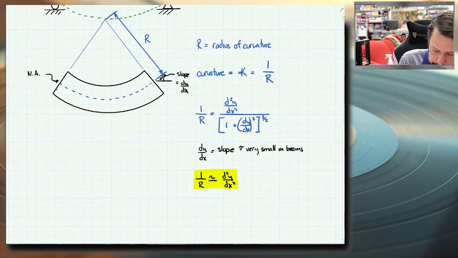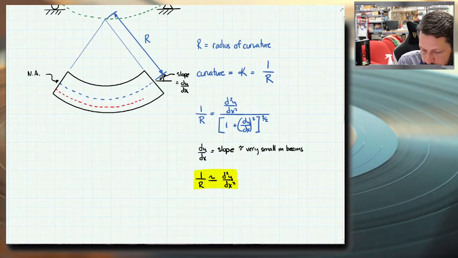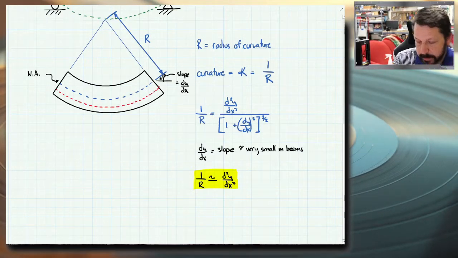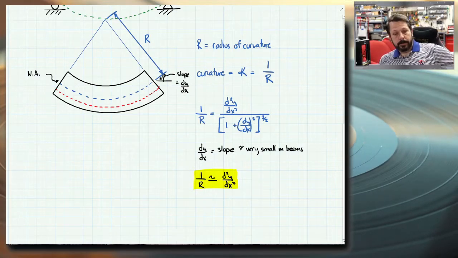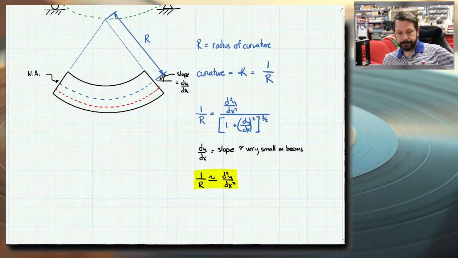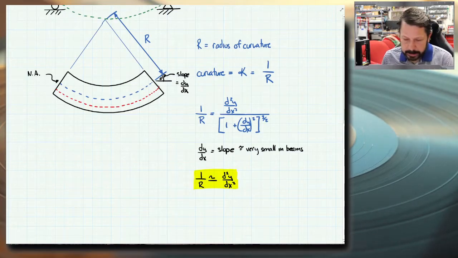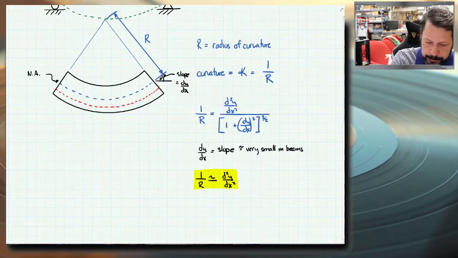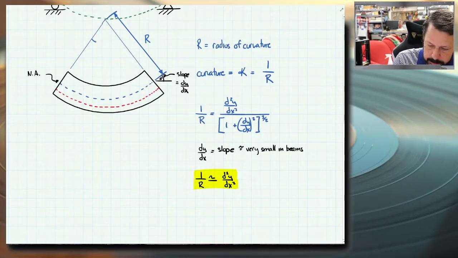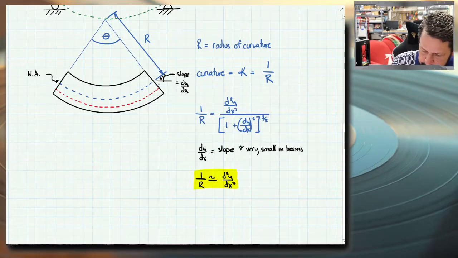So let's draw one here. This red dotted line is going to be longer than the original one, the blue line, the neutral axis. Let's add another variable here. Let's say that this angle is theta, not the same theta that I drew over here.